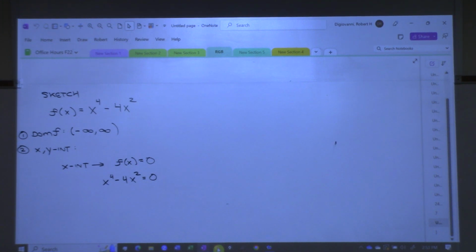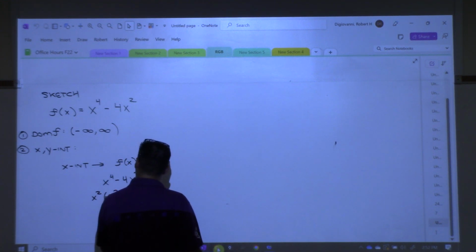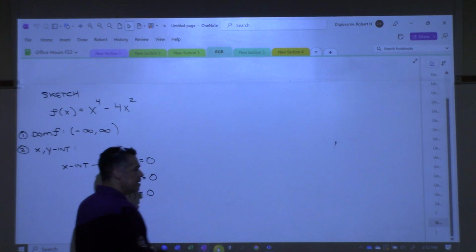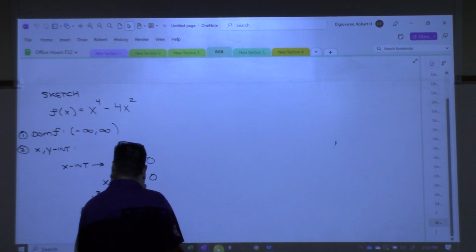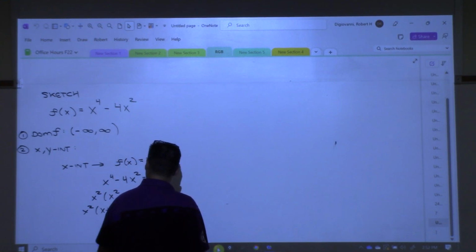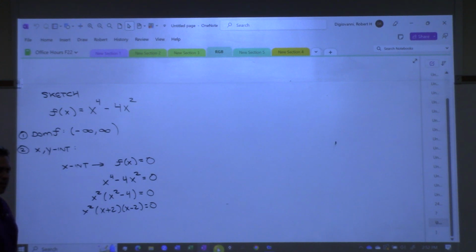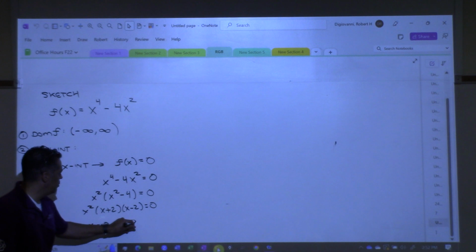GCF, greatest common factor? Pull out x squared. I'm left with x squared minus 4. Does that factor anymore? Yes, difference of squares. So x squared times (x plus 2) times (x minus 2) equals 0. And then you get 3 x-intercepts: 0, -2, and 2.